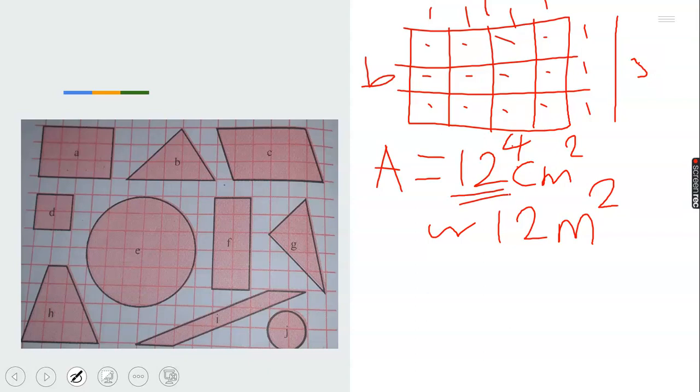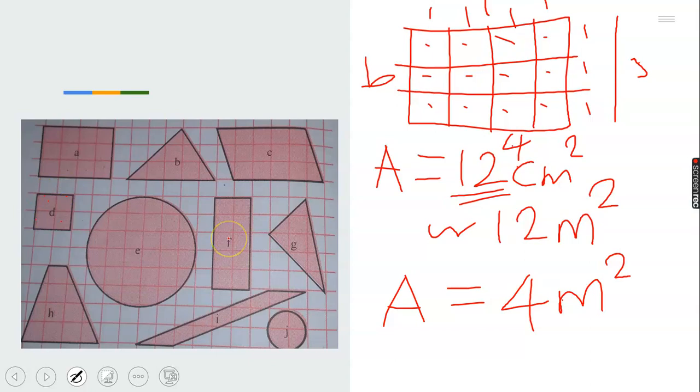When you do the same thing for the square, what is the area of the square? What do you think the area is? 4 meters square. Because by the time you count 1, 2, 3, 4, you have 4 squares contained in that square.